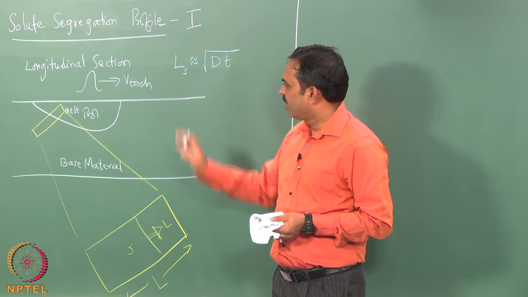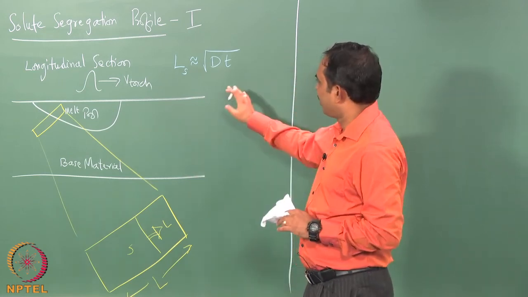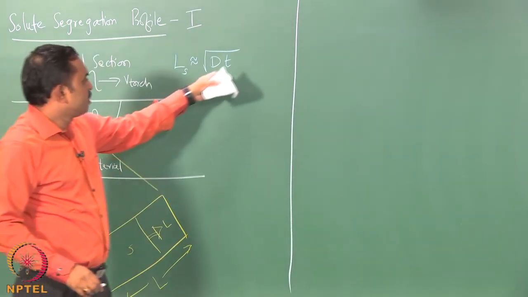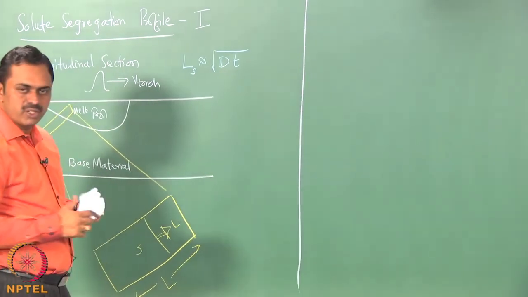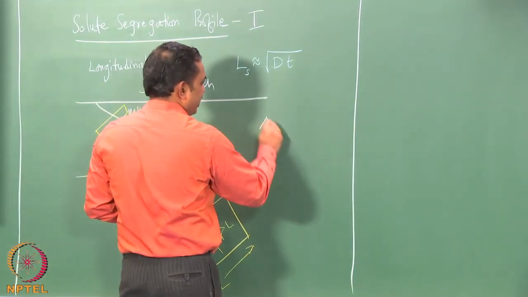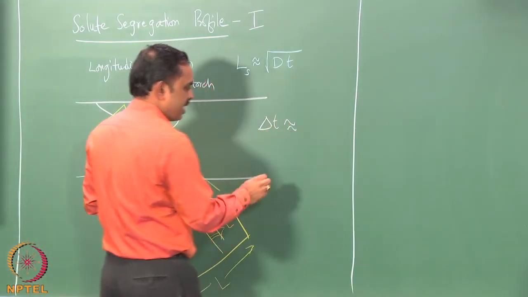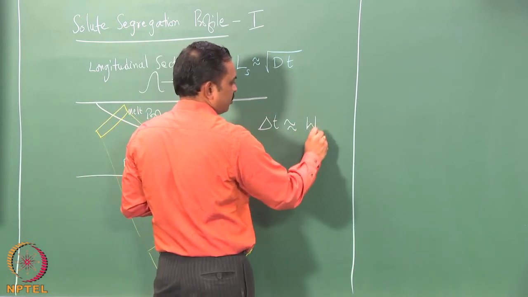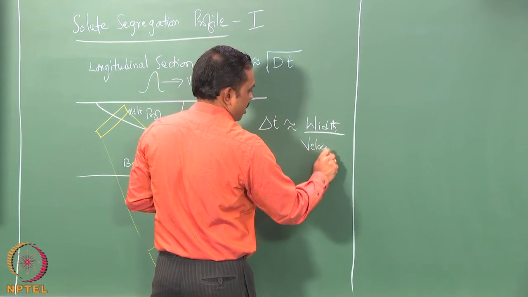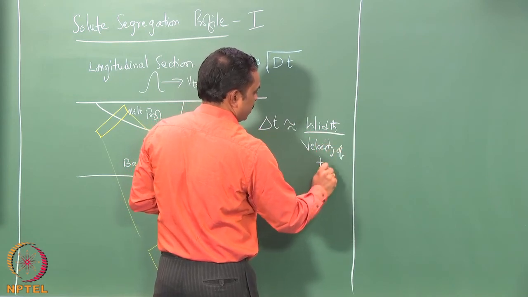This is a scaling analysis that we have shown. For the time, we can use the time meant for the solidification process, which could be estimated, for example, as delta T equal to the width of the pool divided by the velocity of the torch.